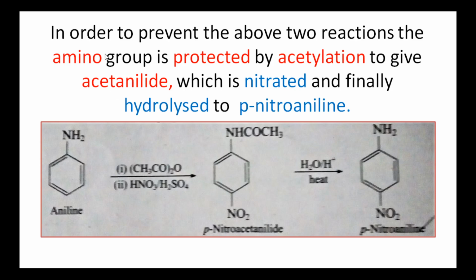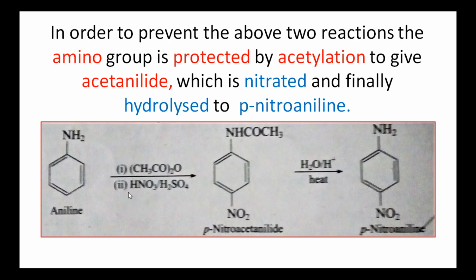So in order to prevent the above two reactions, the amino group is protected by acetylation. When aniline undergoes acetylation with acetic anhydride, the hydrogen atom of aniline is substituted by an acetyl group forming acetanilide.